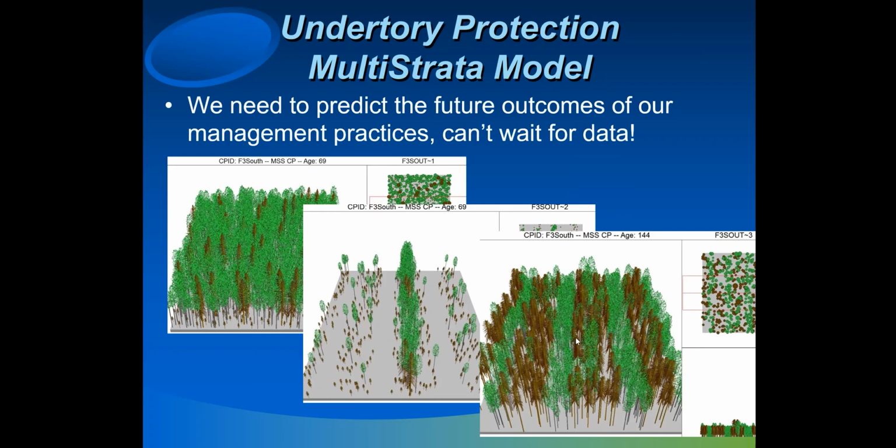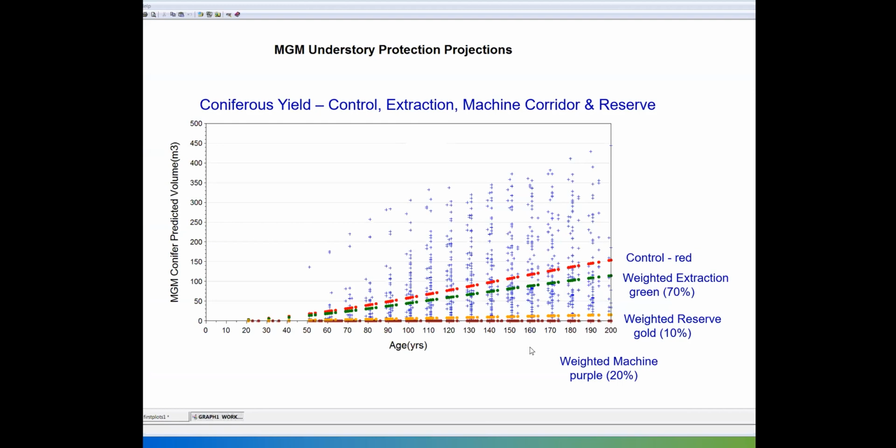Now, as far as building yield curves for that, each of those strata has a separate area. Each projection will give you its conifer and deciduous component. Then this is the conifer component. You can actually create a weighted curve based on the areas. So in this case, the extraction is 70%.